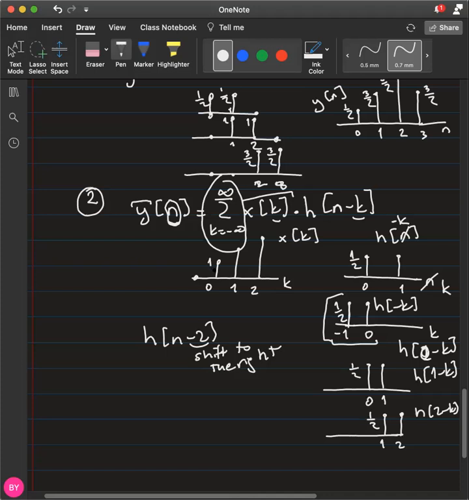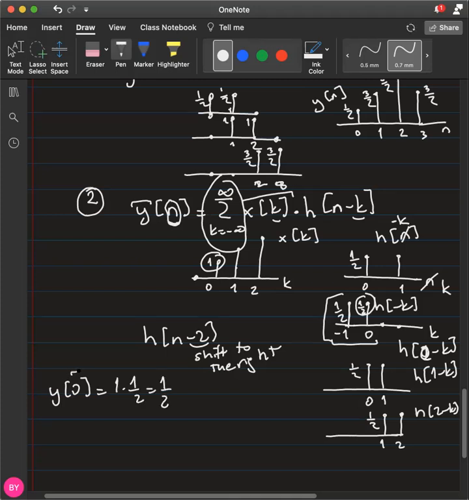And then I'm going to multiply 1 by 1 over 2 and obtain 1 over 2. And there are no other multiplications. You see, this times this, this times this, they are all 0. So I only have 1 times 1 over 2, which will be written as y of 0 as 1 times 1 over 2, which is equal to 1 over 2.